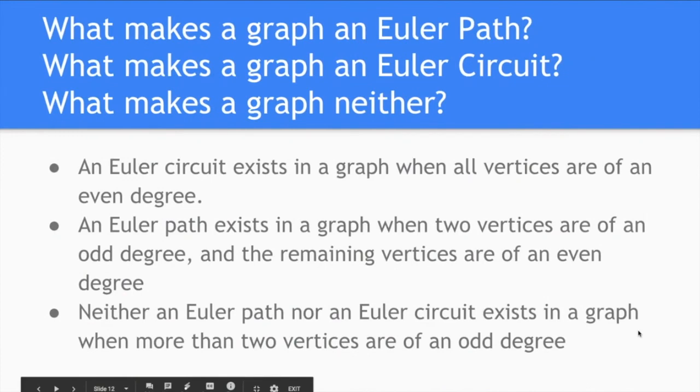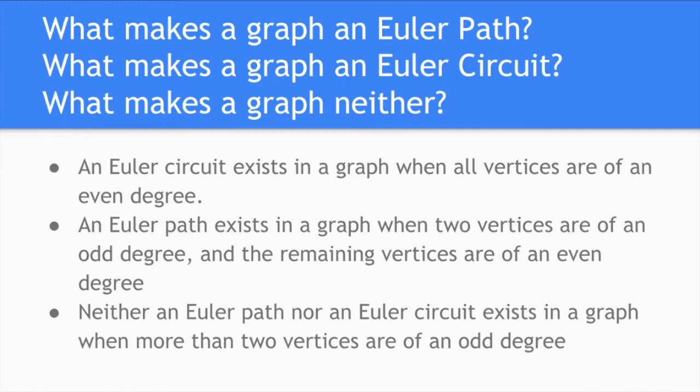Now, what makes a graph an Euler path? What makes a graph an Euler circuit? And how do you determine that neither an Euler path nor an Euler circuit actually exists? So let's start at the top. An Euler circuit exists in a graph when all the vertices are of an even degree.